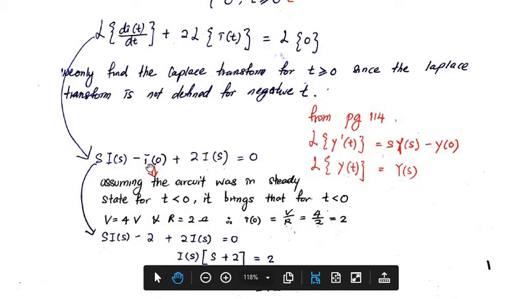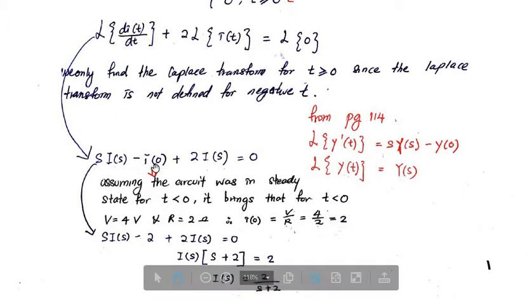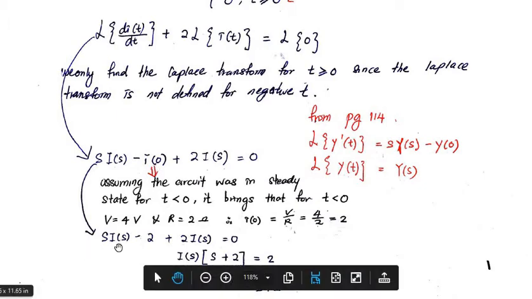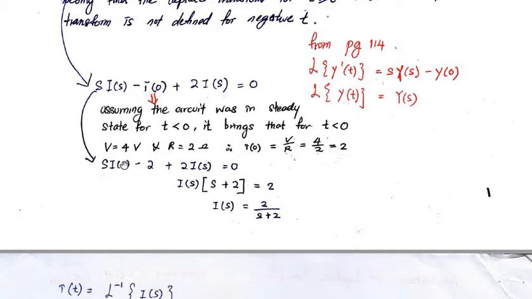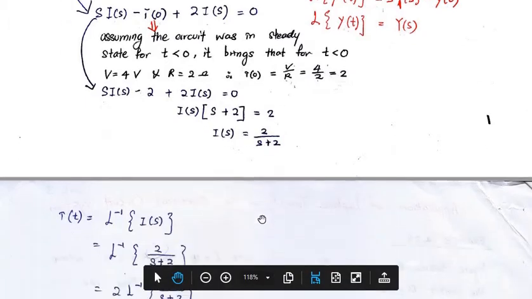Substituting, sI(s) minus 2 plus 2I(s) equals 0. Now collect the I(s) terms: (s plus 2)I(s) equals 2, so I(s) equals 2 over s plus 2.